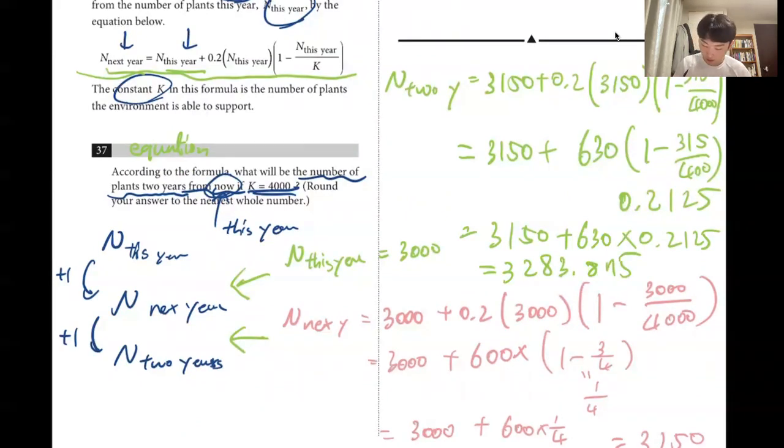Okay, and the question said round your answer to the nearest whole number. Whole number is just an integer. So you can say 3,284 is the nearest whole number.